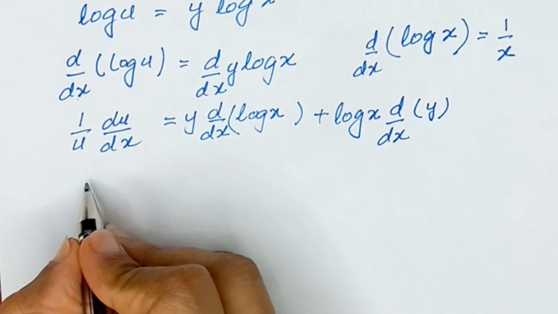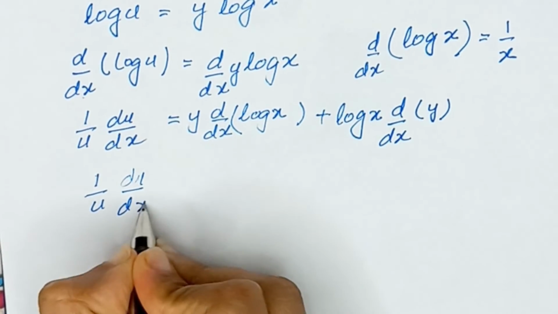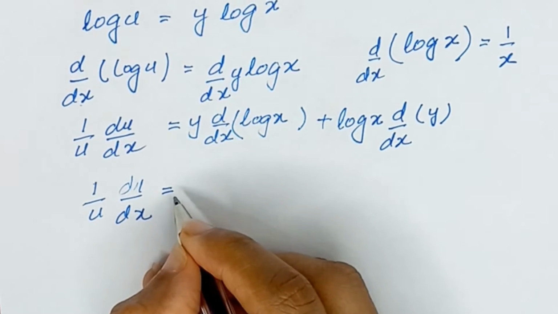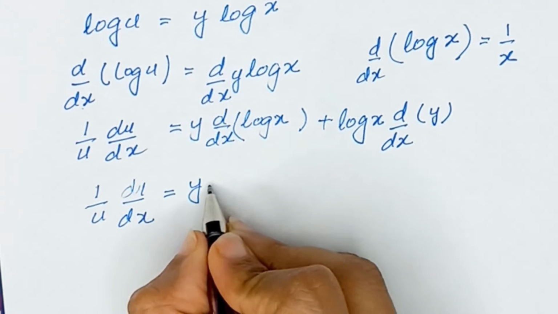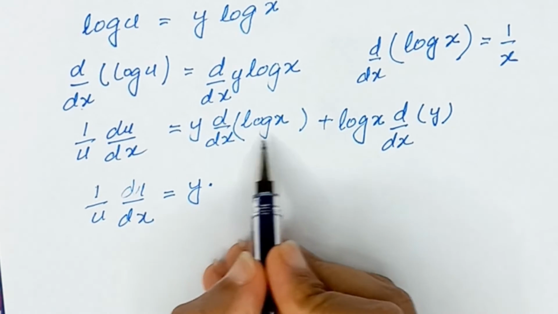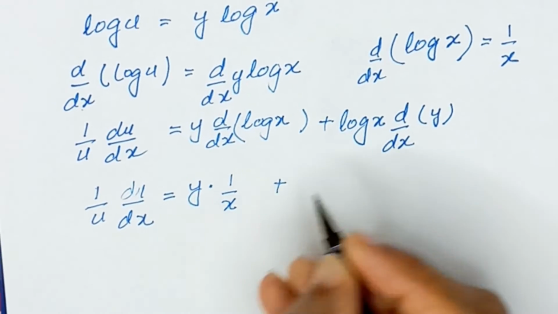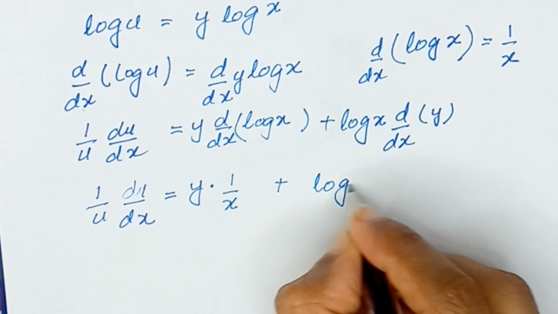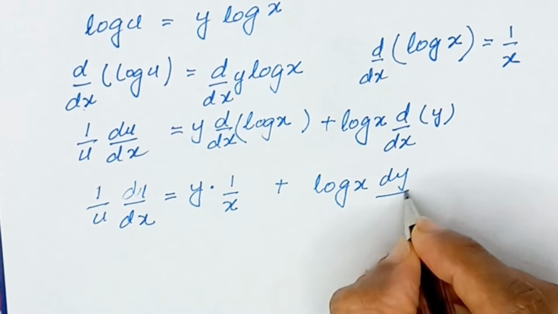So it will become 1 divided by u du divided by dx is equal to y times 1 divided by x plus log of x times the derivative of y, which will be dy divided by dx.